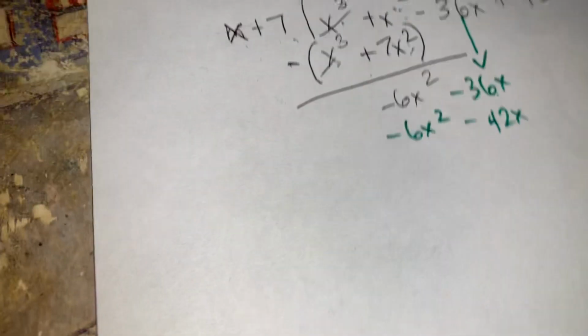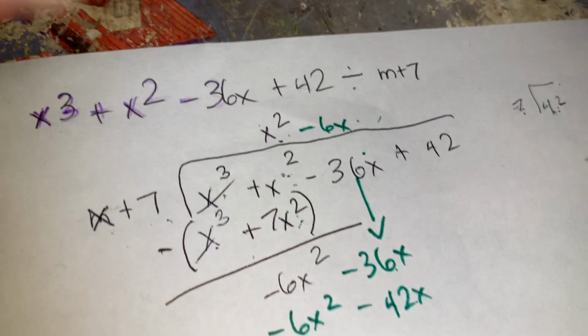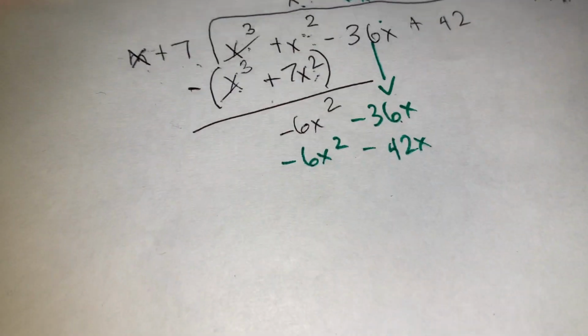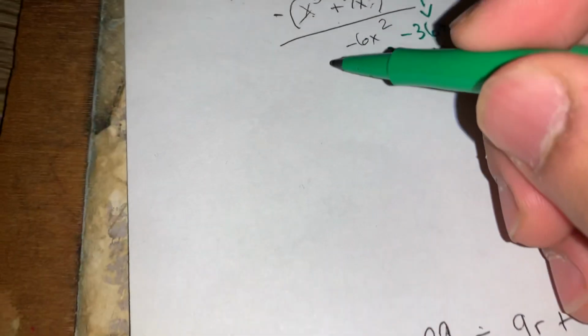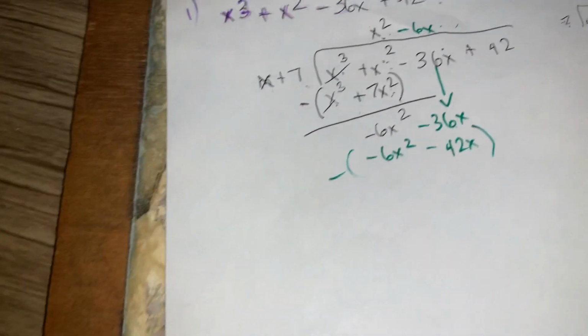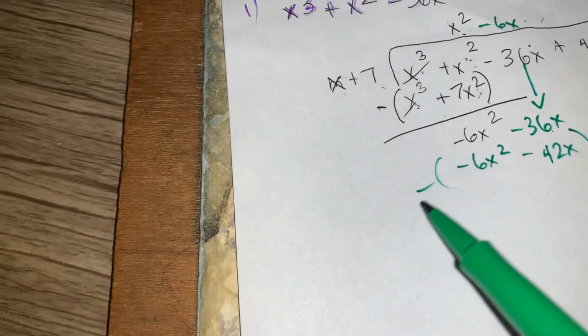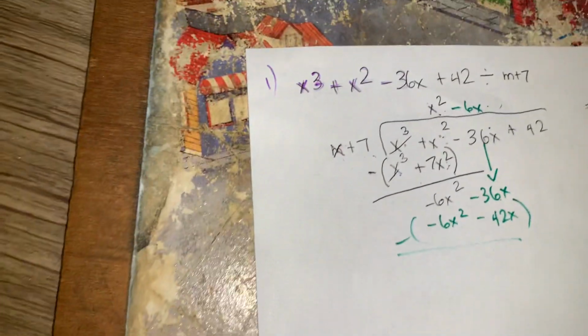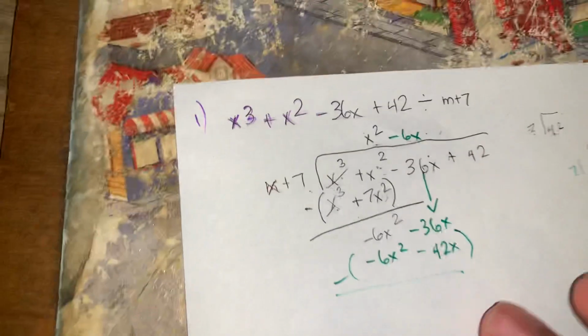Perfect. So now we have one more number remaining, the 42, and we have to subtract these two. I like to put them in parentheses first. So it's going to be negative 6x squared minus 36x, minus the quantity minus 6x squared minus 42x. This pen is dying, so I will go back to using this one.